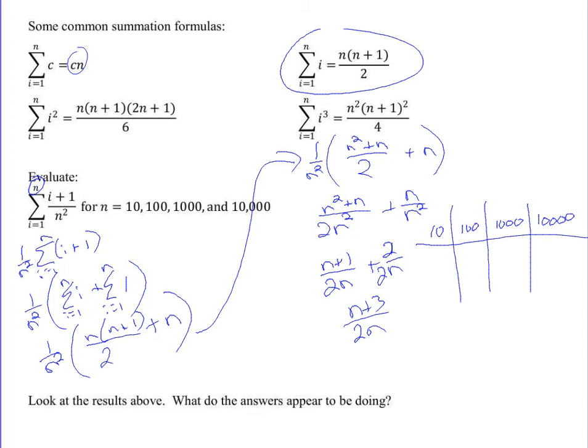Usually a calculator is going to be your best bet here. If I take 10 plus 3 is 13 divided by 20. What's 13 divided by 20 on your calculator? Okay, 0.65. Now 100. The nice thing about using the calculator is you can just go back up and change the 10 to the next value. No, you can't just move the decimal over.